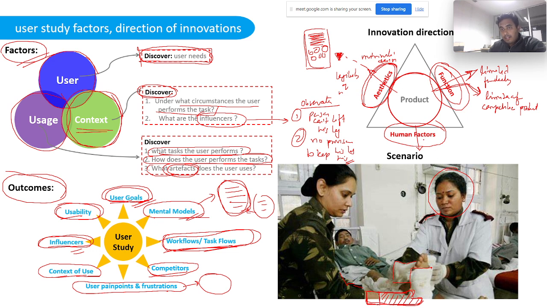Another direction in which you can design around your product is human factors. Human factors consider ergonomics as well as usability. Ergonomics has a physical side, physical reach.